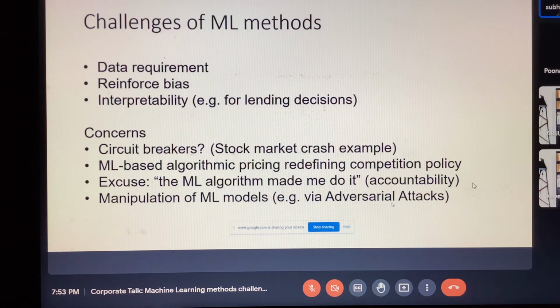But say a person was denied a loan, you say, hey, why was it denied? And you say, the AI tool told it. What? The AI tool is telling me whether or not I was denied a loan. Tell me why I was denied a loan. I'm sorry, the AI tool told it. Now that becomes an issue because you can't interpret why he was denied a loan.